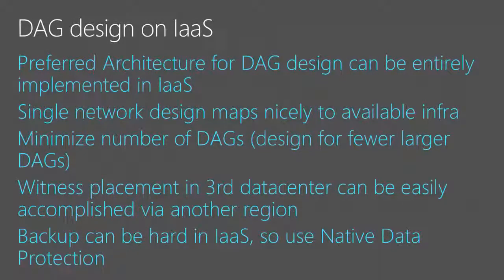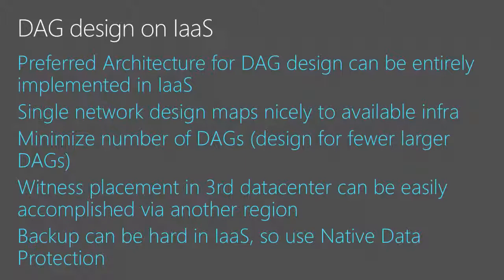If you do want to do it, though, the entire preferred architecture can be implemented in that platform. And in fact, some of it is really almost required in that platform. Something like backup could be very, very difficult to do in an IaaS environment, and so that's one of the reasons you would use Exchange Native Data Protection.